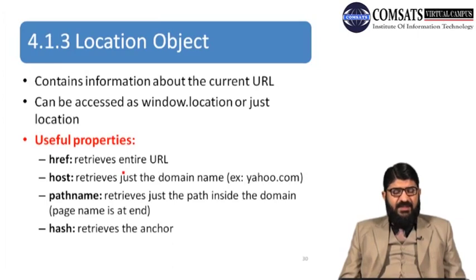The second one is basically the host, and host is going to retrieve the particular domain name. And the third one is basically the path name, that is going to retrieve the path that is inside the domain, where page name is not the end of particular domain.